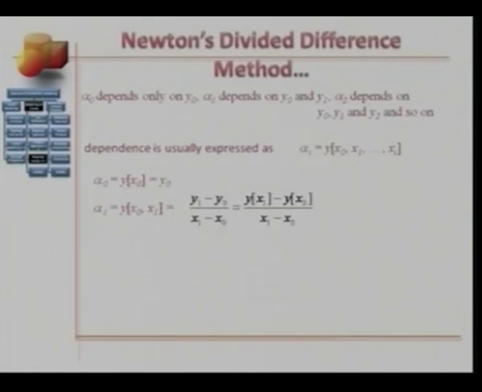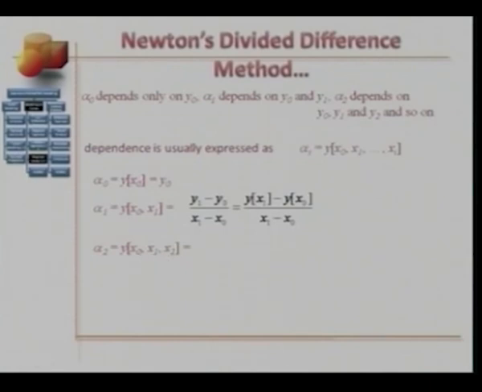So far, so good. How about alpha 2? From this notation, we have alpha 2 is equal to y[x0, x1, x2].